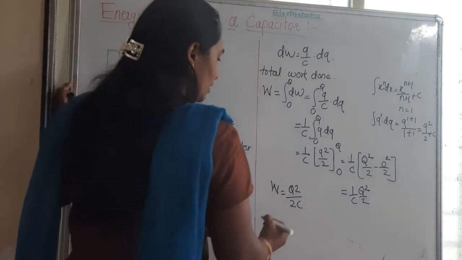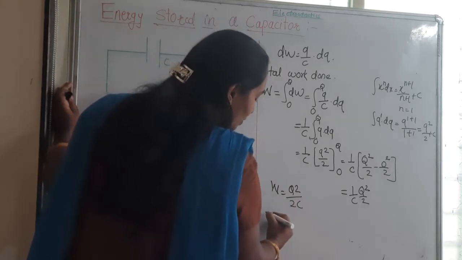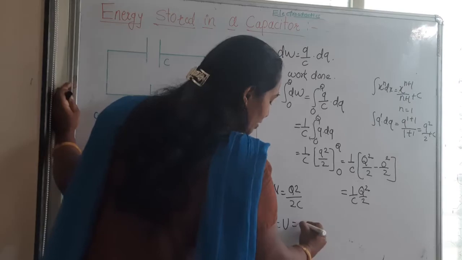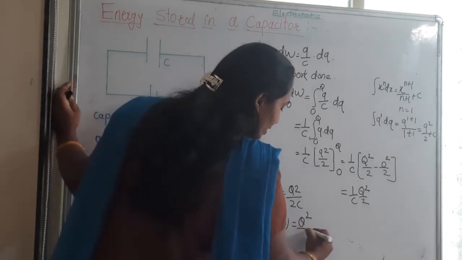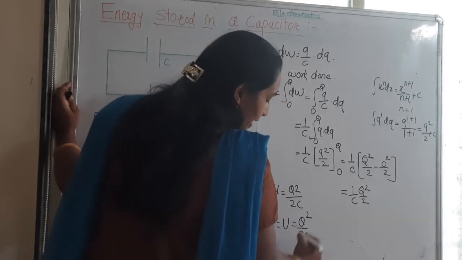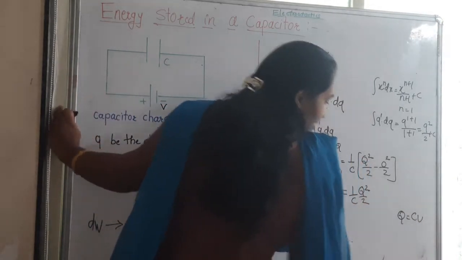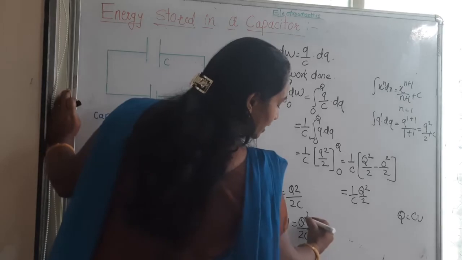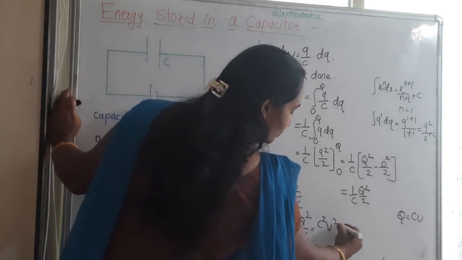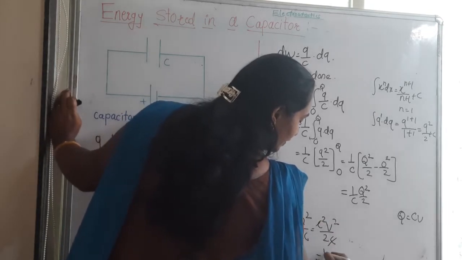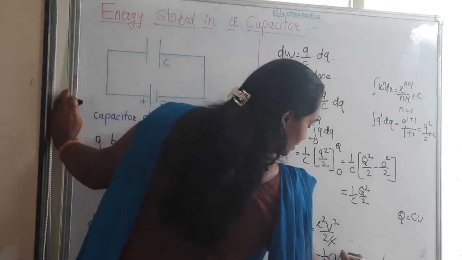The work done, which is stored in the form of potential energy, is equal to Q square upon 2C. We know Q is equal to C into V. Substituting, C square V square upon 2C, one C cancels, and the equation is half CV square.